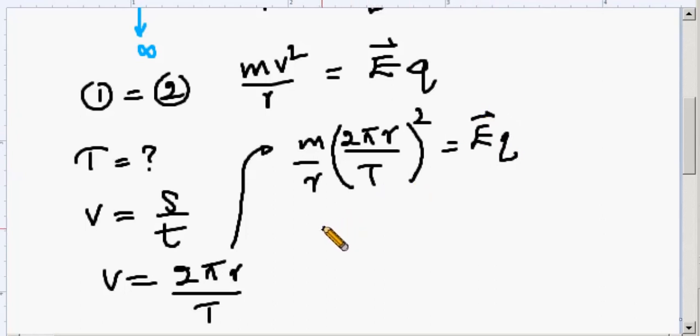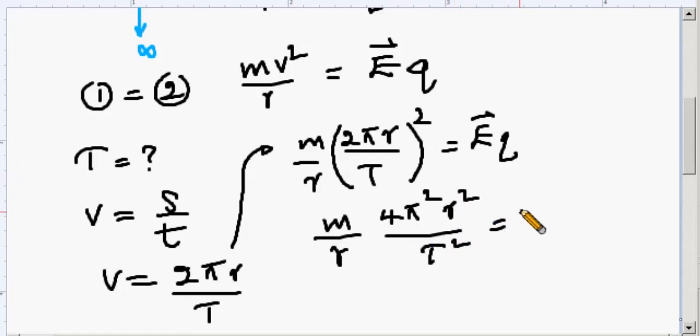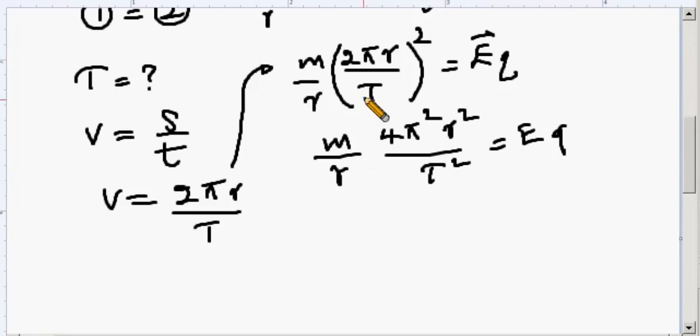So T is here now. Then simplify: 4 pi squared r squared m over T squared equals eq. Then one r cancels.